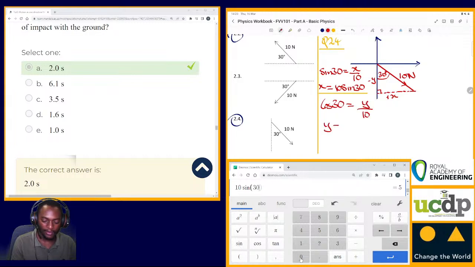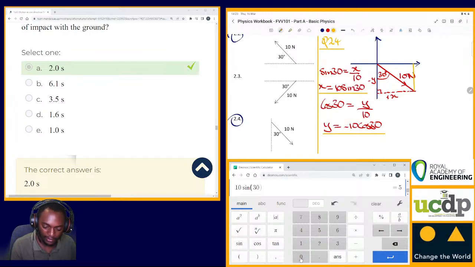So our y is going to be equal to 10 cos 30. And our y is on the negative side. So hence it becomes a negative. I like that. Okay.